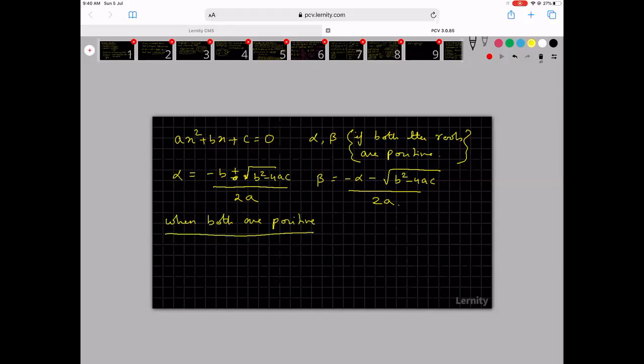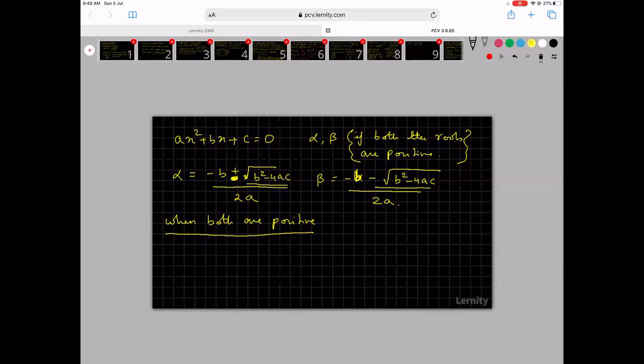So when is it that both will be positive? Both are positive. If both are positive, then see, this is a positive number and this has to be a negative number.